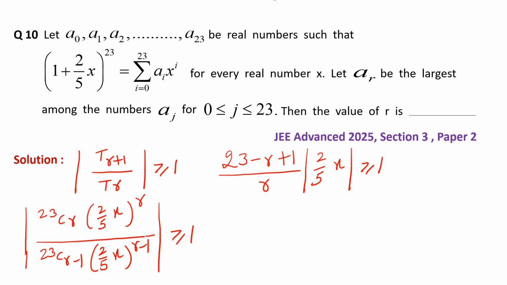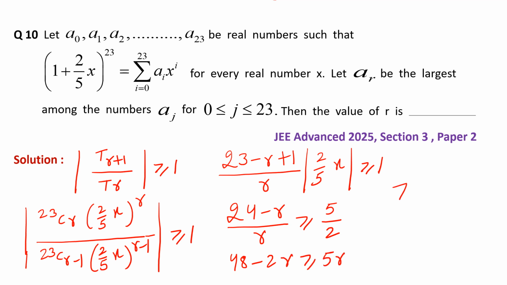Now students, since we are interested in finding the greatest coefficient of x to the power r, here in this inequality we will put the value of x as 1. Now it becomes (24 minus r) whole divided by r greater than or equal to 5 upon 2. So this means 48 minus 2r is greater than or equal to 5r.